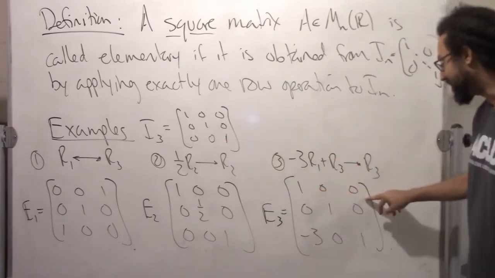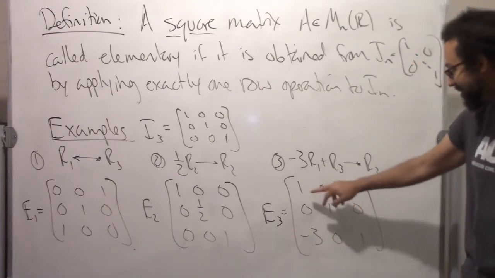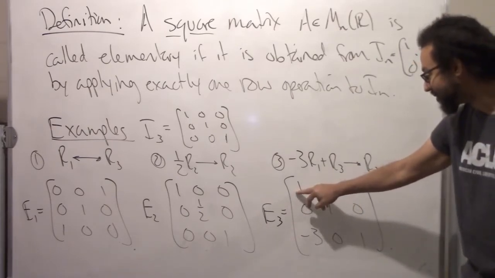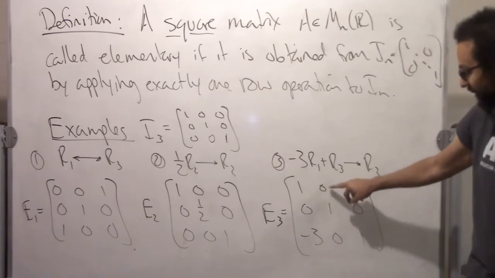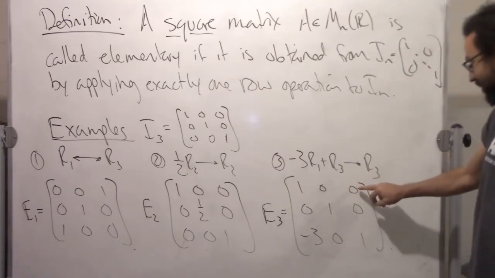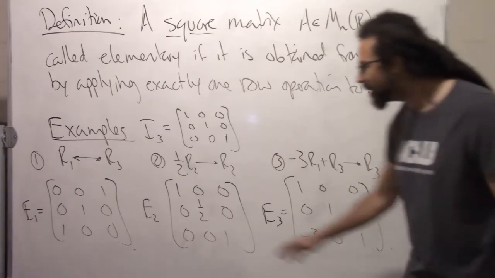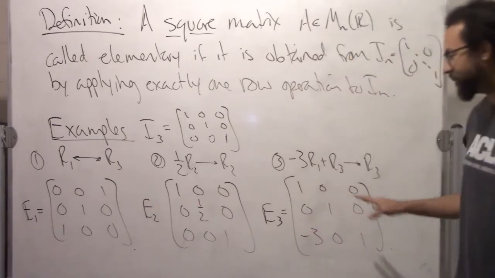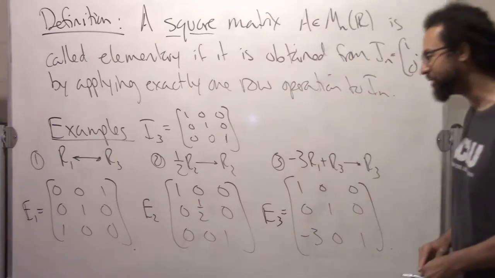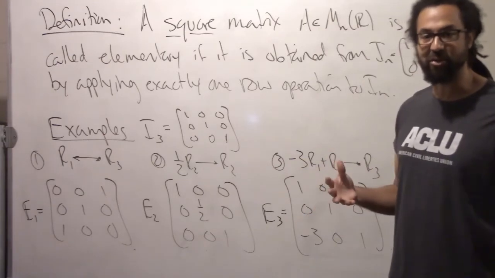So row 1 stays the same, row 2 stays the same, but now row 3 is -3 plus 0, so you get -3. -3 times 0 plus 0 is 0, and then -3 times 0 plus 1 is just 1. So here are three examples of an elementary matrix. Each one of these represents one of the fundamental row operations.